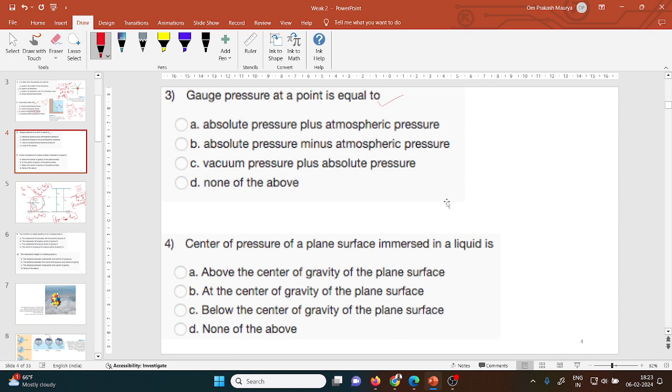Now moving on to another question, question number 4. The center of pressure of a plane surface immersed in liquid is: above the center of gravity of the plane surface, at the center of gravity of the plane surface, below the center of gravity of the plane surface, or none of the above. We are talking about the center of pressure and center of gravity. You already know what these are.